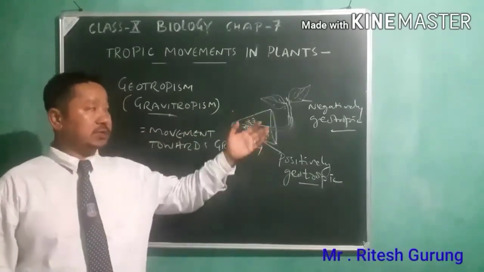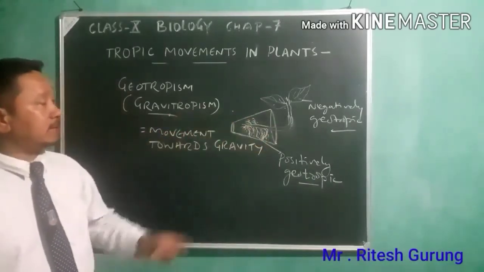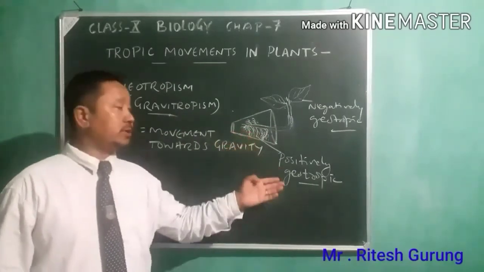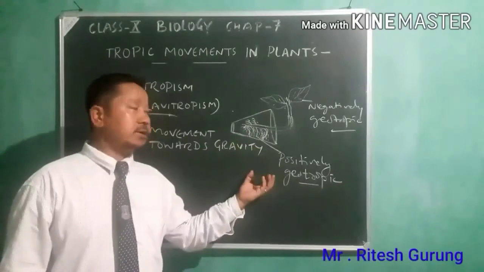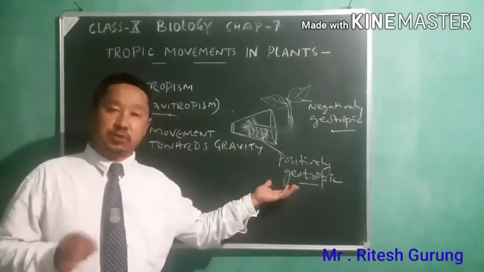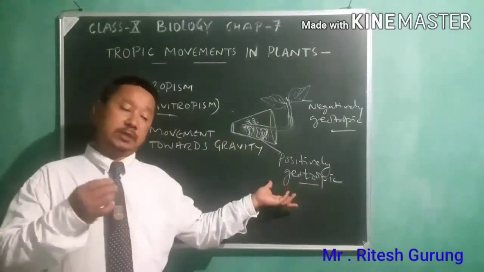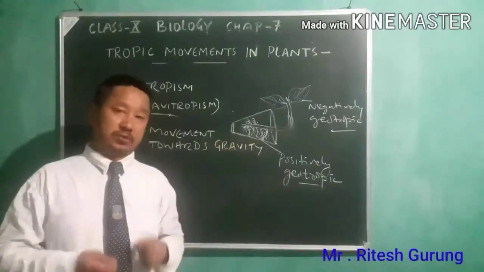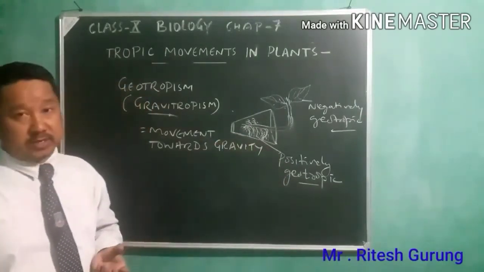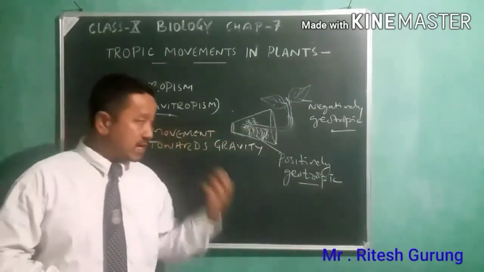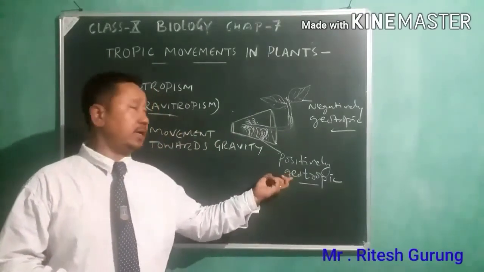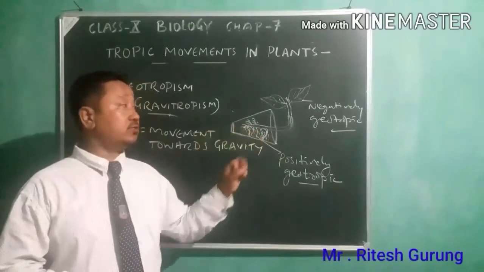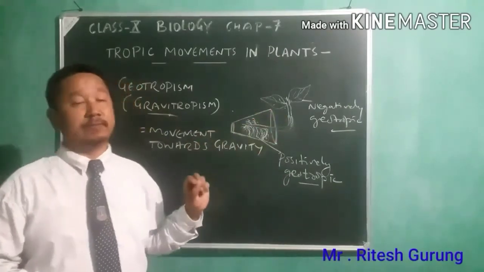So in these two regions, let me repeat it once again. The root is showing the movement towards the soil, because the soil, as I've told you, has to collect the water, has to collect the minerals, and it is attracted by the gravity of the earth. Okay, and it also has to fix the plant to the soil.